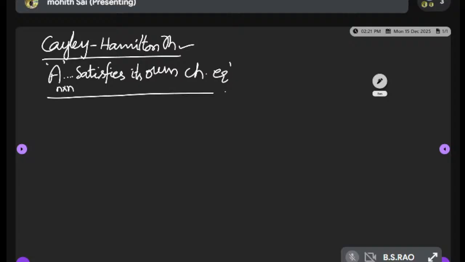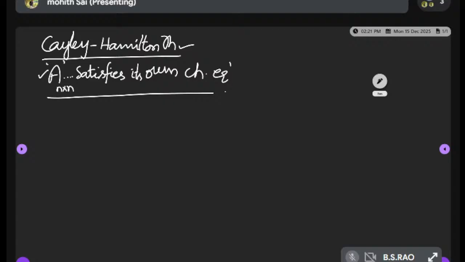If there is a square matrix of order n by n, what is the degree of the characteristic equation? Its degree will also be n. Okay, write down.